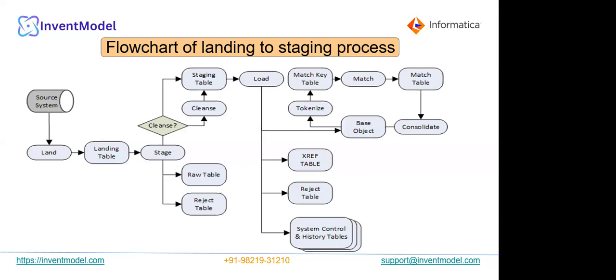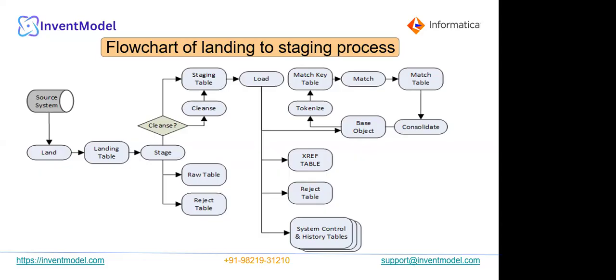Okay. As Kalpana has explained, thank you, Kalpana. This is a basic landing table. We started our MDM. We get the data from the business side and store it into the landing table first. After the landing, we do mapping, and as Kalpana explained, a staging process will trigger.